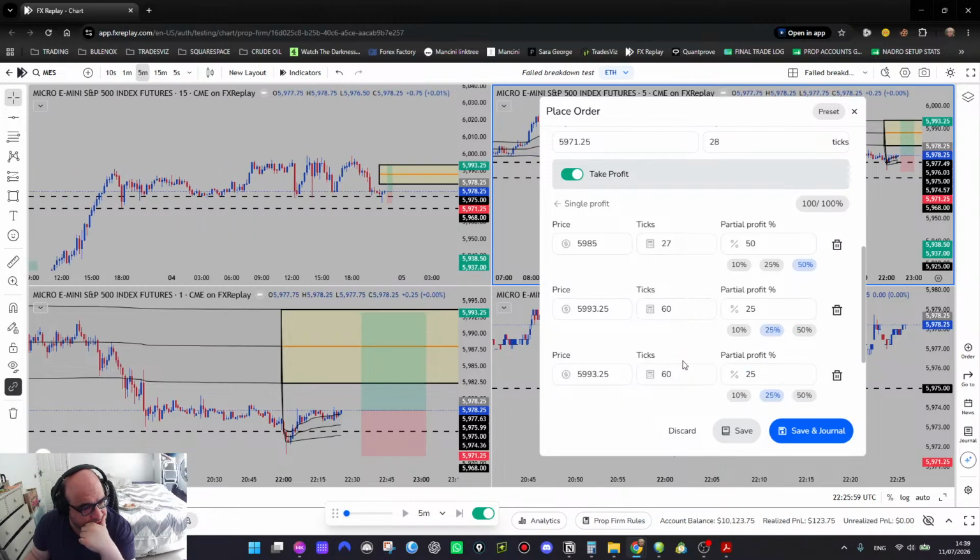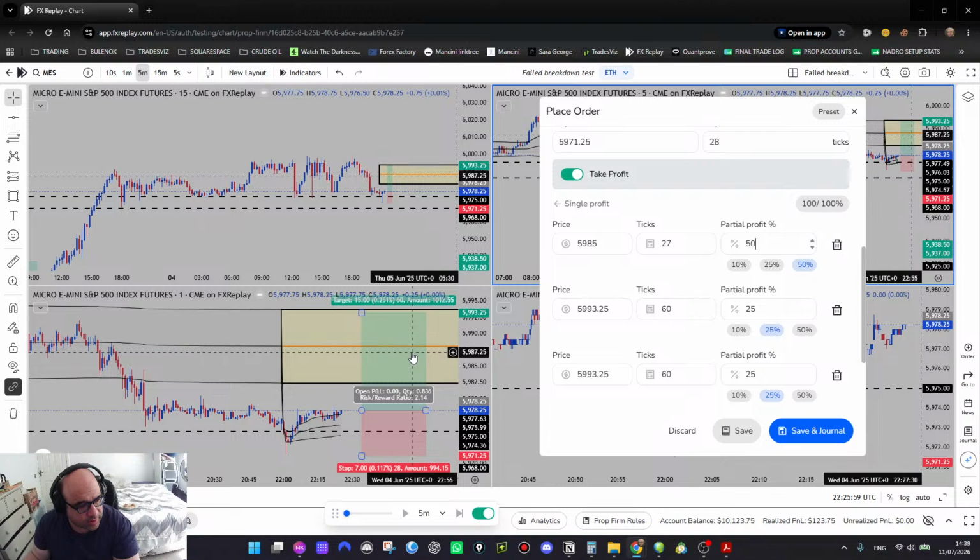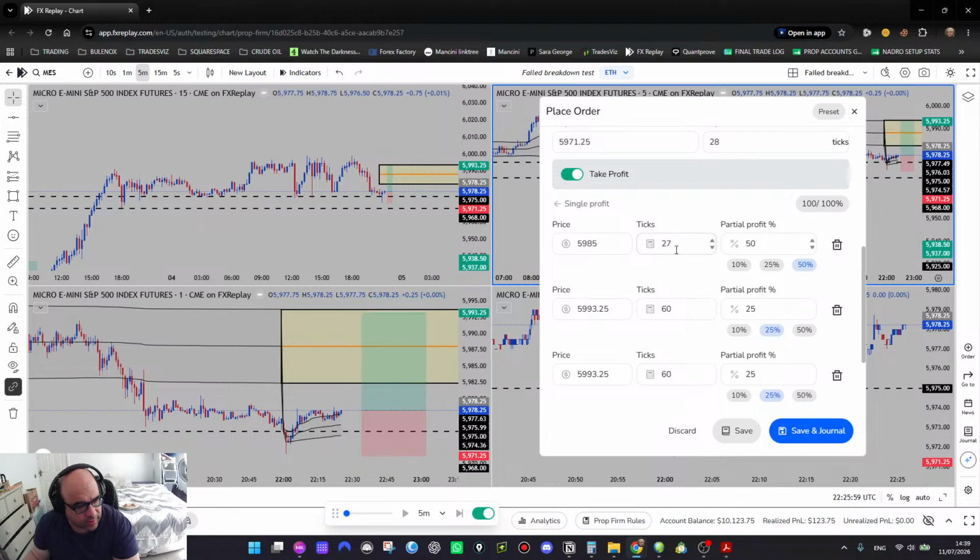So I'm gonna add another partial. I'm gonna take 50% of the profit at the VWAP here. And then I'm gonna take on the other one another 40% I would say, and leave the 10% profit there.